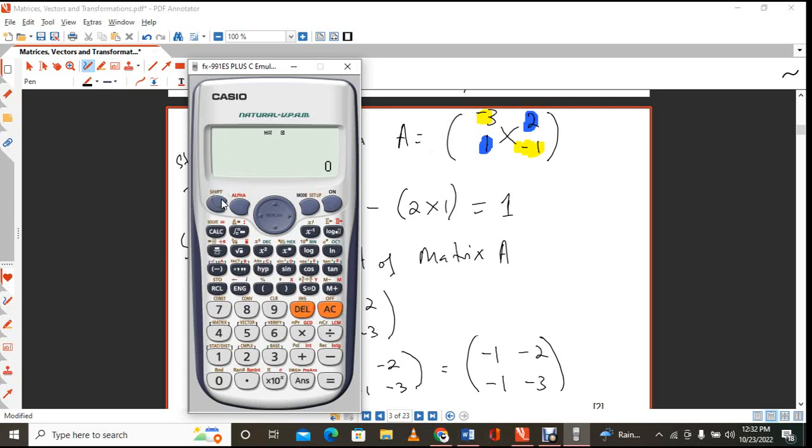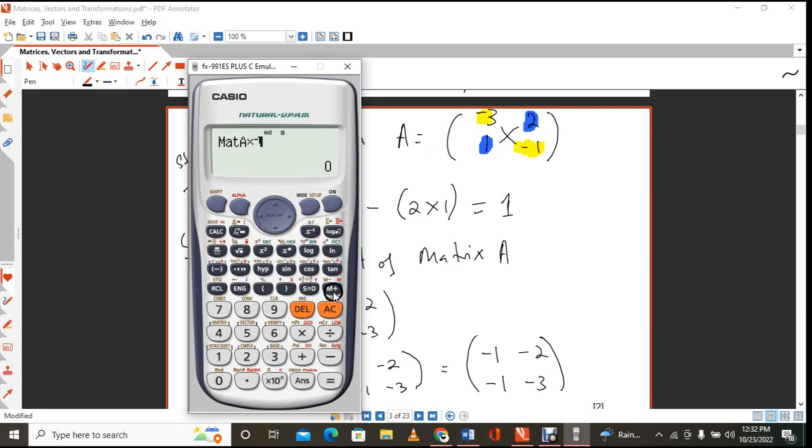So if I say shift matrix, I go back to 6. So I choose my 1, because I've stored it. Okay, so I choose that to be matrix A. So I'm going to choose 3. And I'm going to multiply that matrix by the inverse. Anything multiplied by the inverse. So you go to this button here.